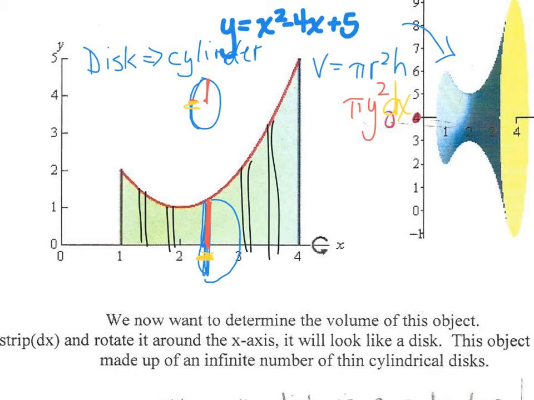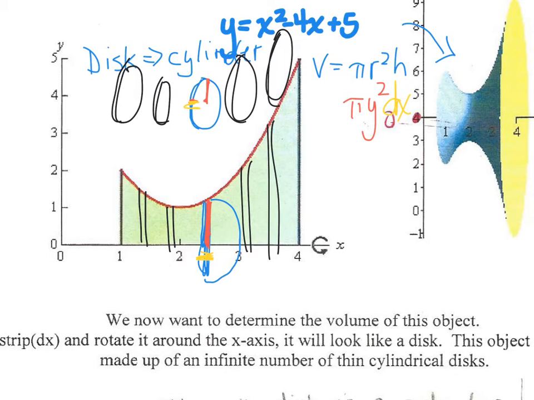Those will each create disks, so that we're going to have a disk here, a disk here, and if you notice right here, I've really only put 1, 2, 3, 4, 5. I want to put as many strips in here to create disks that I would stack on top of one another.